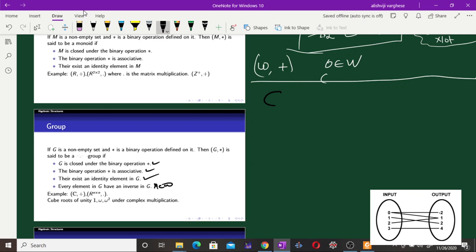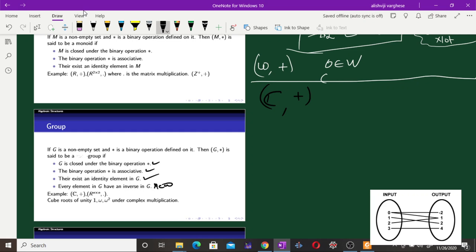So if you consider the set of all complex numbers together with addition, then if you take any two complex numbers, their sum is a complex number. If you take any three complex numbers, then we can simply prove that addition is associative.